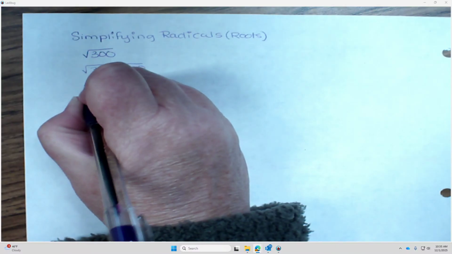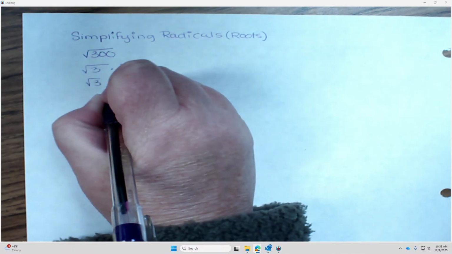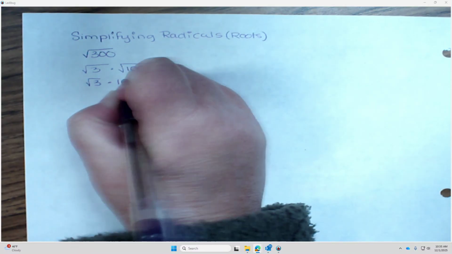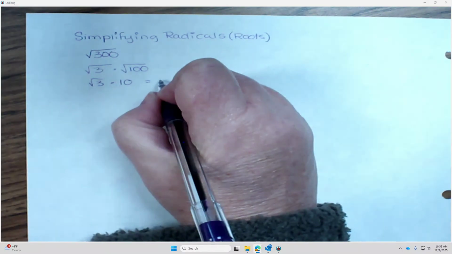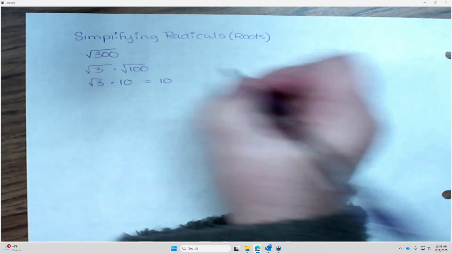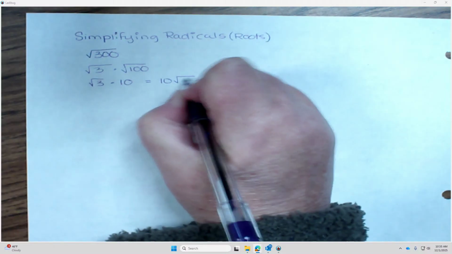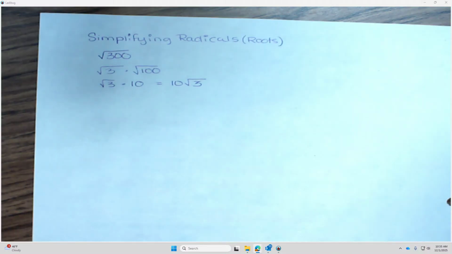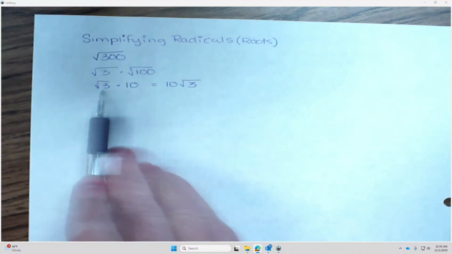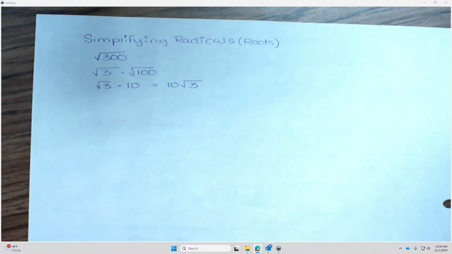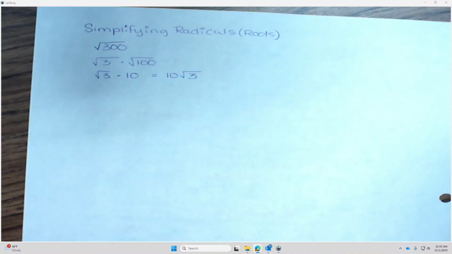Square root of 3 is an irrational number, but the square root of 100 is 10. And so my simplified radical would pull my whole numbers out to the front and then leave behind the most simplified radical I could get, which in this case was the square root of 3. I can't simplify that. So I would get 10 square root of 3 for the answer to the problem.